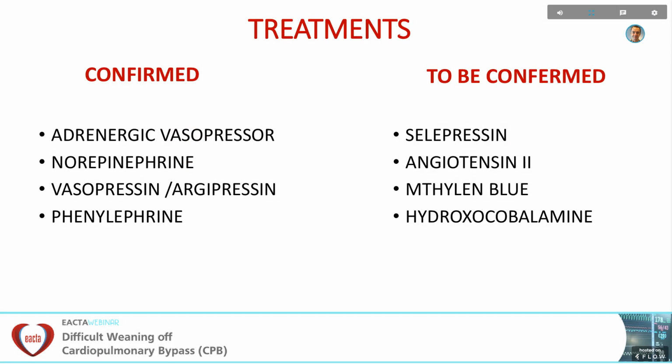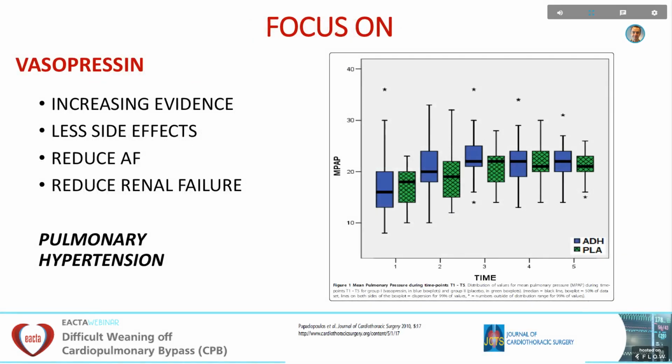but today vasopressin, and arginine vasopressin in particular, are very useful in the treatment of this syndrome. Vasopressin has increasing evidence because it has fewer side effects; arginine vasopressin in particular reduces atrial fibrillation and acute renal failure, which is sometimes related to vasoplegic syndrome, without increasing pulmonary hypertension, as you can see in this slide.